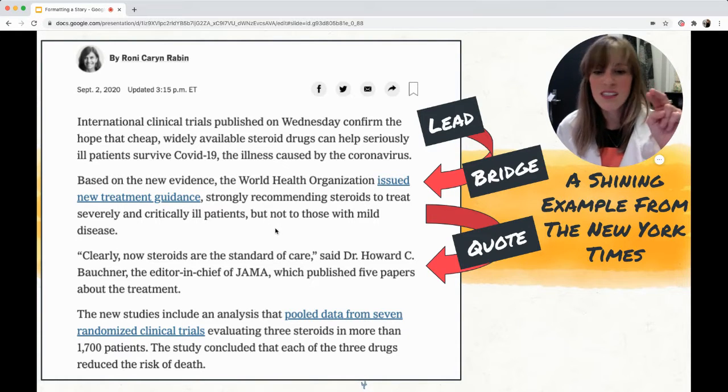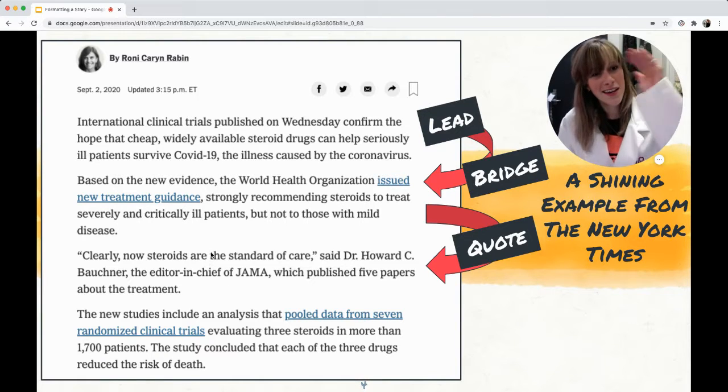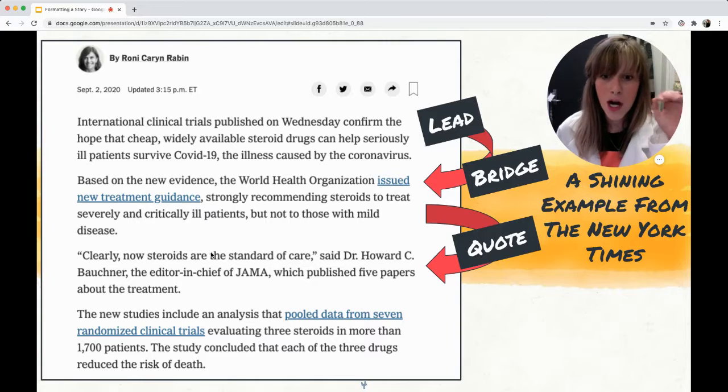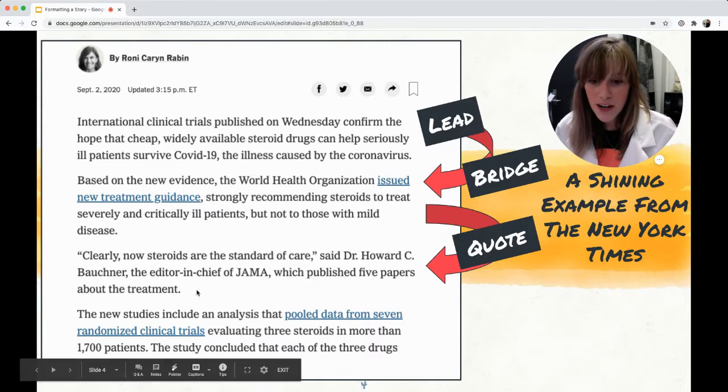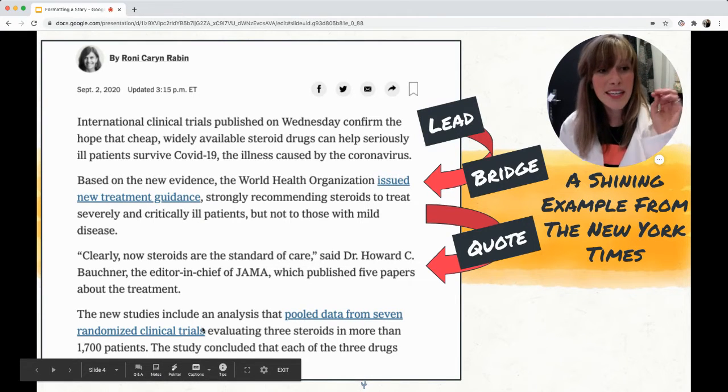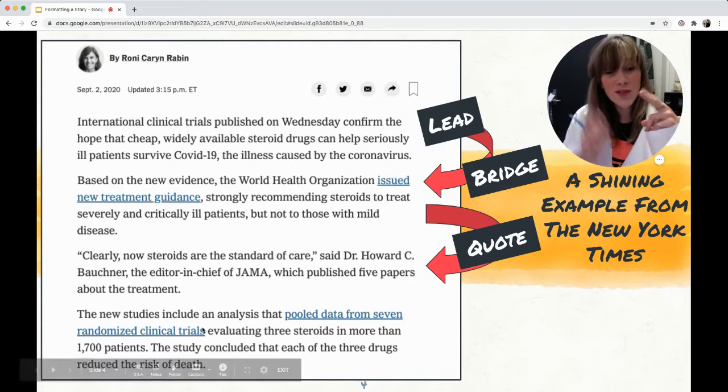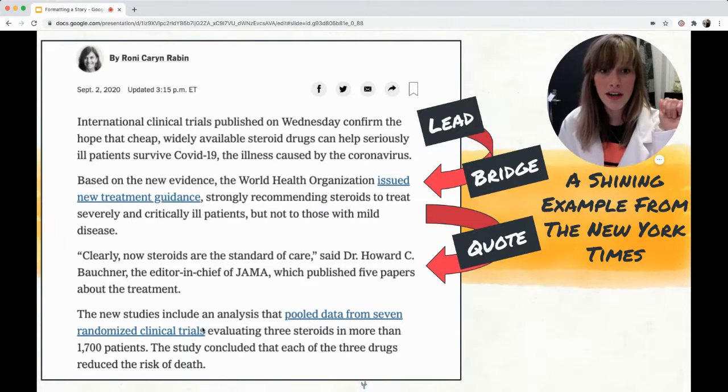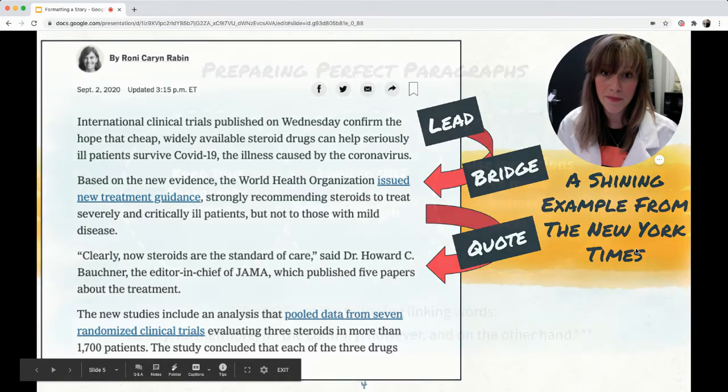This next part says it's not there to help people who are mildly ill. It's here to help people that are really ill, right? That's the idea in that paragraph. Boom. Then the idea in this quote is steroids are the standard of care. Boom. Then the idea of this paragraph is that they're telling us about the clinical trials. We had 7 clinical trials confirmed. That's the idea in that paragraph. 1 idea per paragraph so that it's simple for your reader.